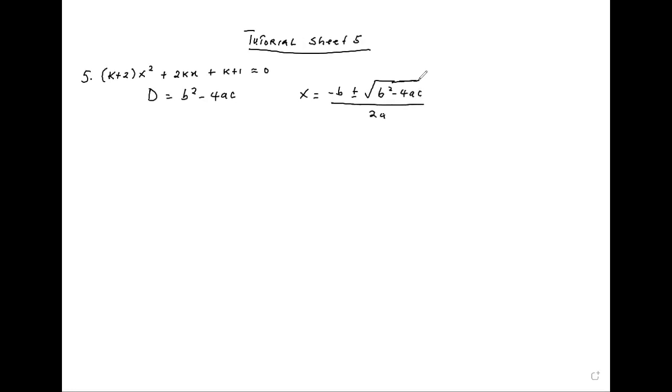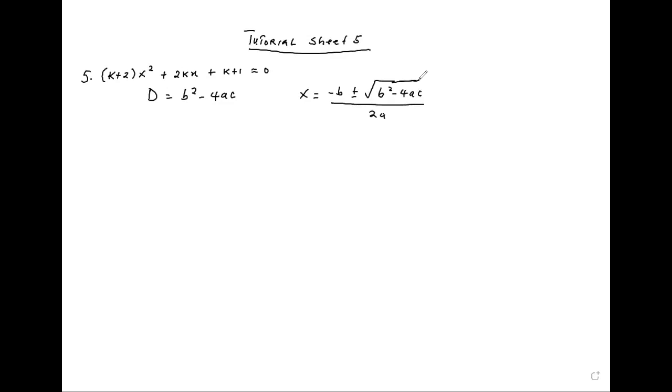If the inside of the root, which is the discriminant, is less than 0, we fail to come out with real roots, and we say they are complex, meaning they're not two real roots. So this question is asking us to get the values of k for which the discriminant will be negative.